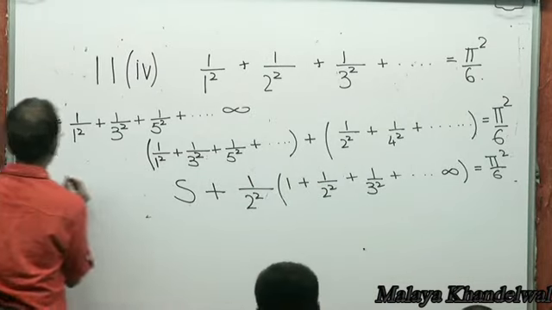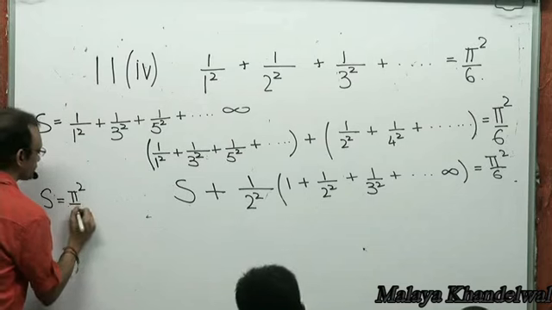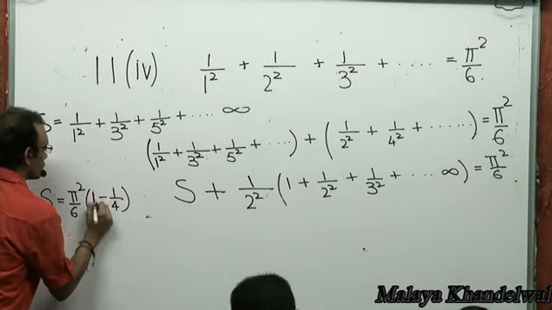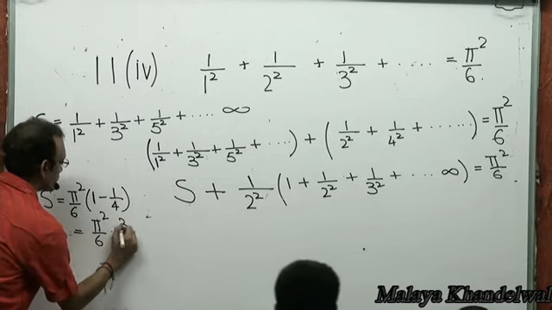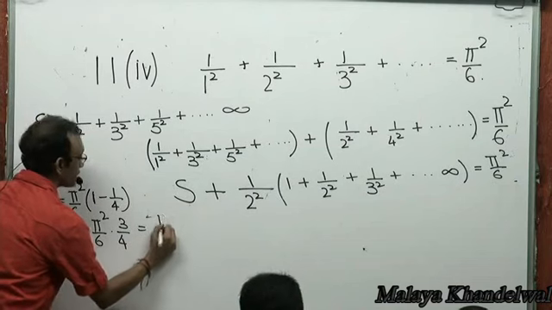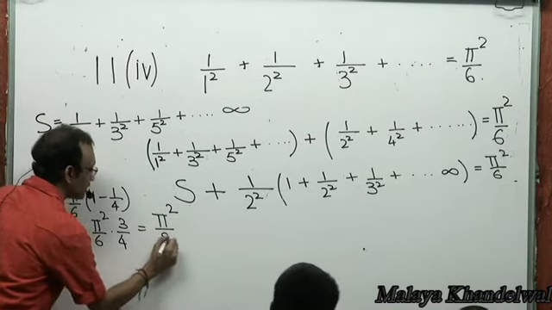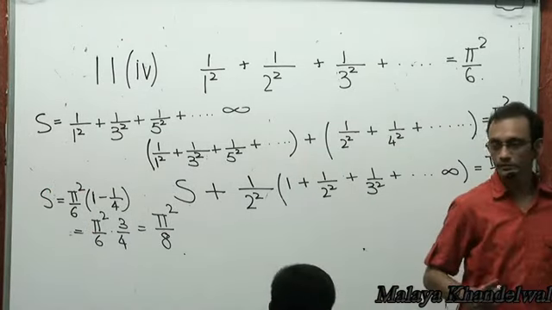So S is going to be pi squared by 6 into 1 minus 1 by 4, which is pi squared by 6 into 3 by 4, which is pi squared by 8. That is what we get out of this.